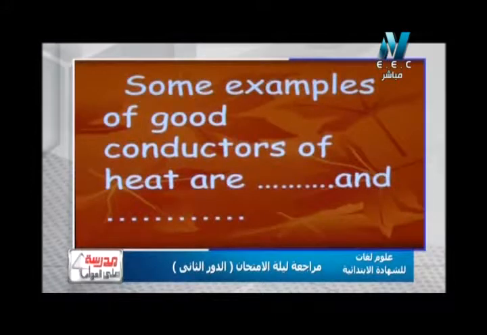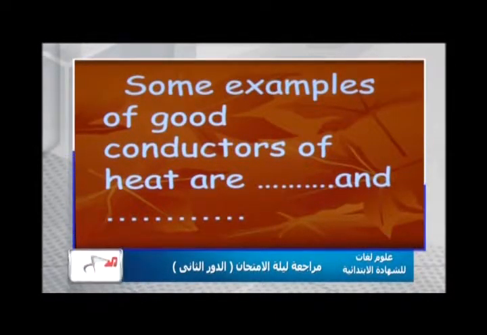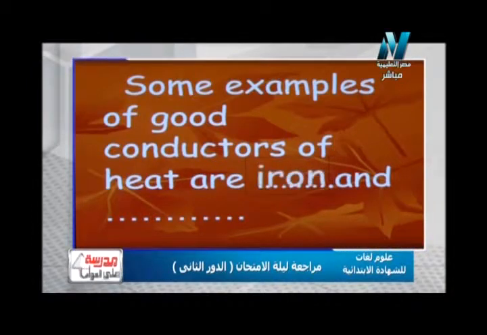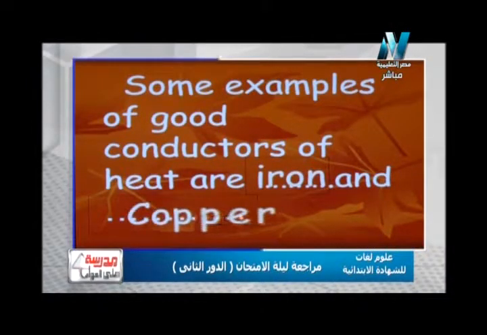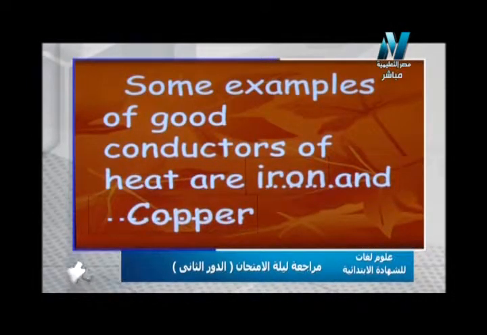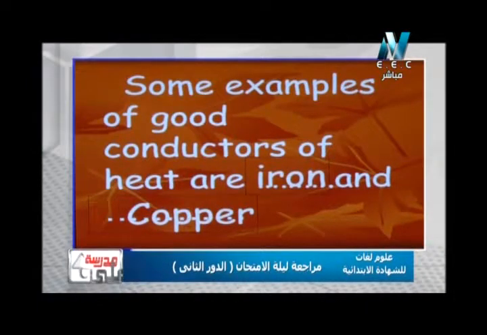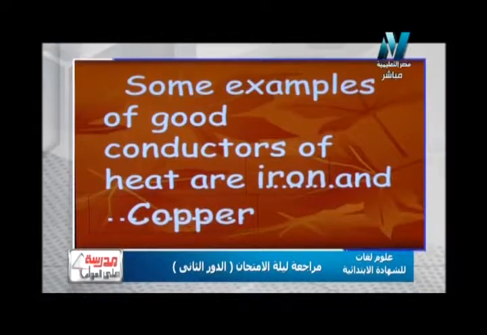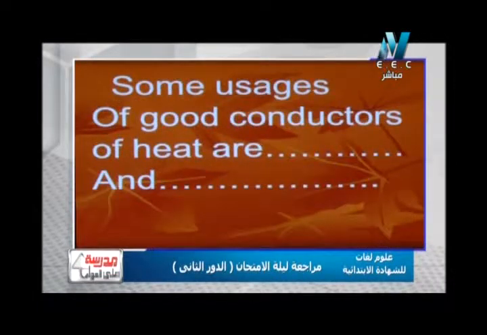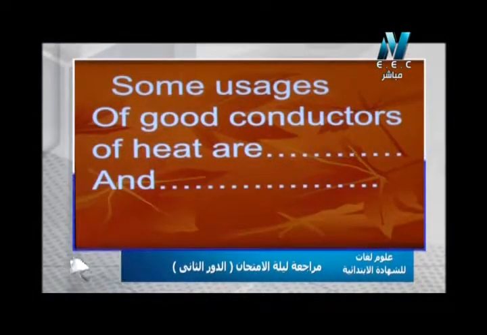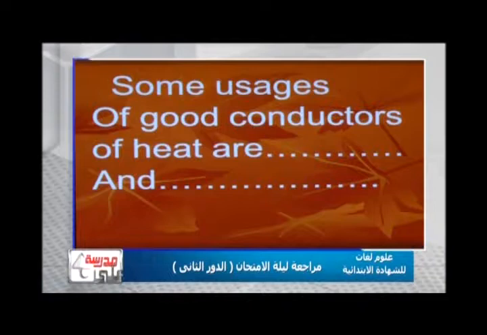Another question. Some examples of good conductors of heat are iron and aluminum or copper. I can write many examples here. We have many examples of good conductors such as iron, copper, aluminum, gold, silver, nickel, mercury, and so on. Another question. The question says some usages of good conductors of heat are point and point.